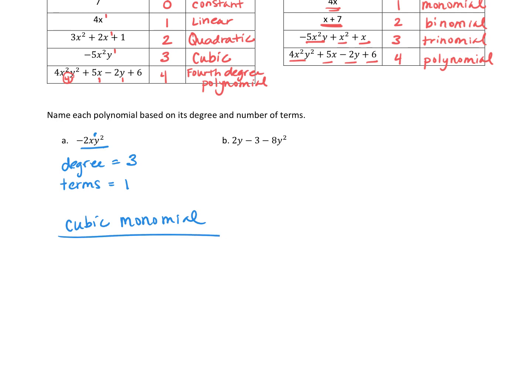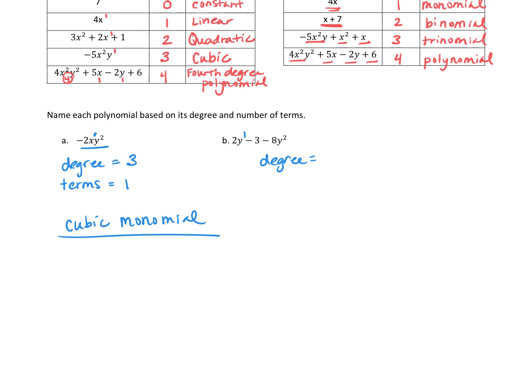All right, next we have to identify the degree. So look at each term. This is a y to the first power. So this term has a degree of 1. This term is a constant, so the degree is 0. And then this term has a y squared, so the degree is 2.